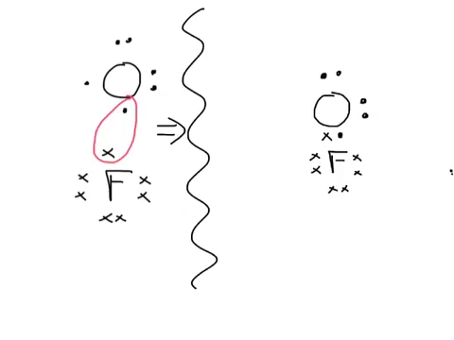Like that. Okay, notice I'm indicating that the two electrons there, one of fluorine and one of oxygen, are being shared right there in the middle. Now, I'm sorry, I forgot to draw oxygen's other electron right there.